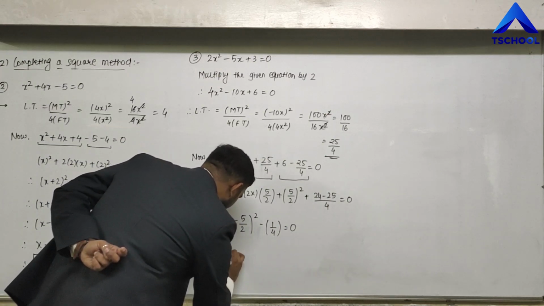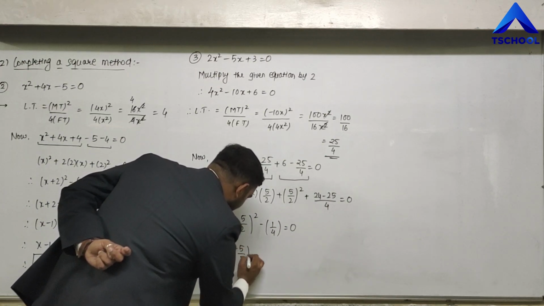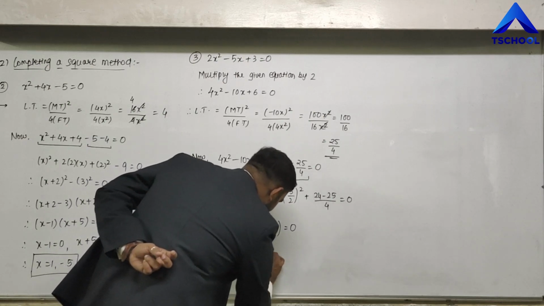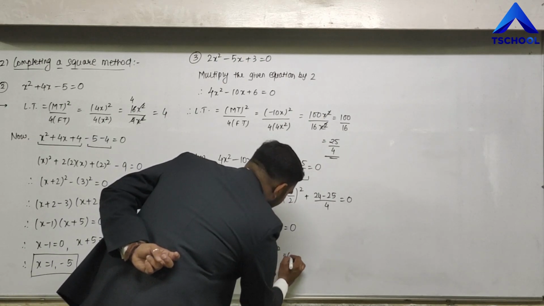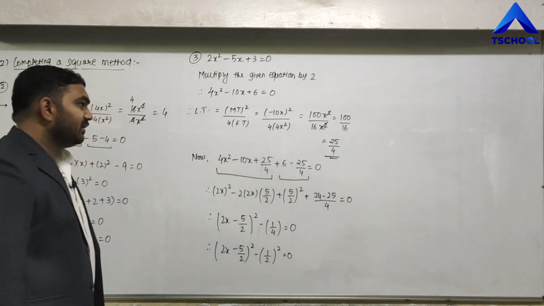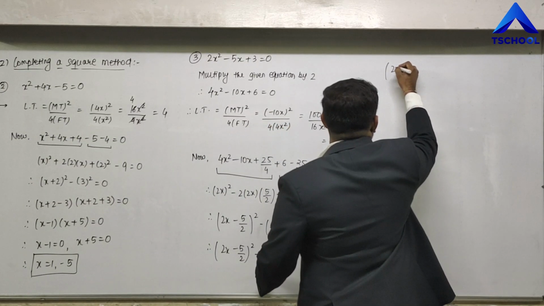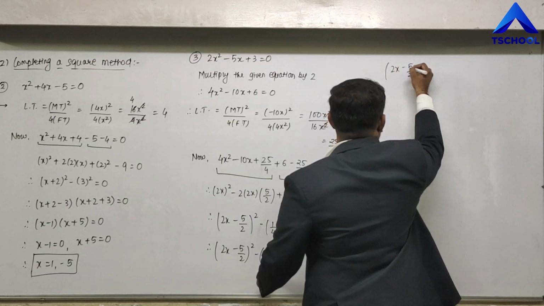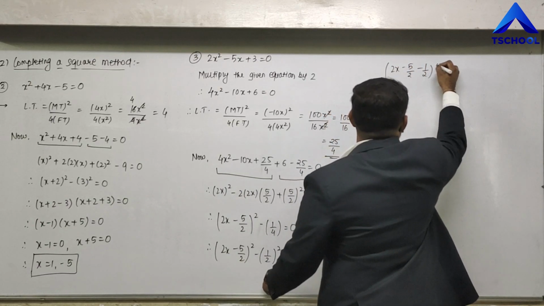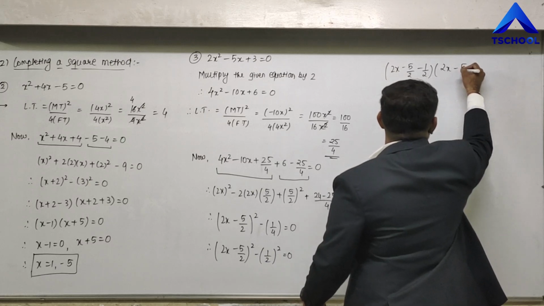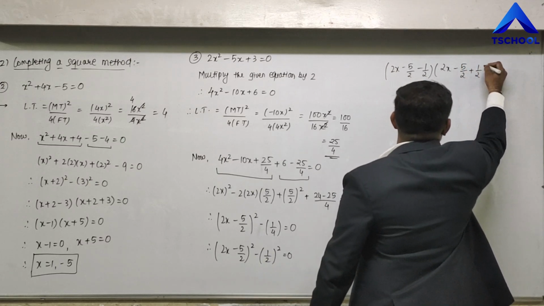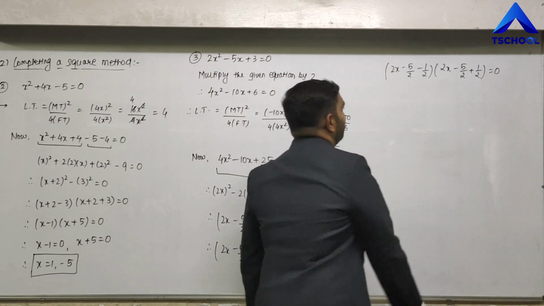Therefore 2x minus 5 by 2 whole square minus 1 by 2 whole square is equal to 0. Therefore, again solving them, what will I get? 2x minus 5 by 2 minus 1 by 2 into 2x minus 5 by 2 plus 1 by 2 is equal to 0.